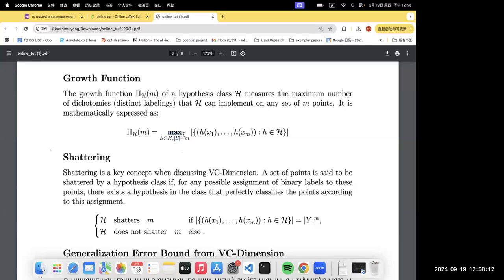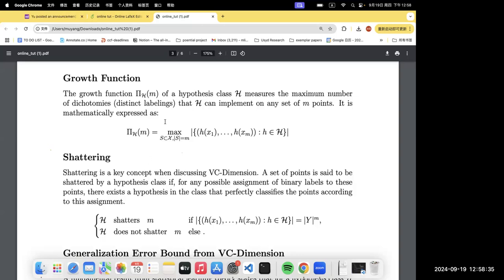What does this operator mean? It means we are trying to find a way to arrange our data points that maximizes the growth function. We are not arranging the data points randomly, but considering the worst-case scenario that gives us the maximum value of the growth function.